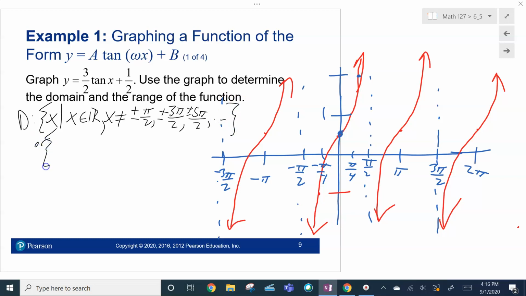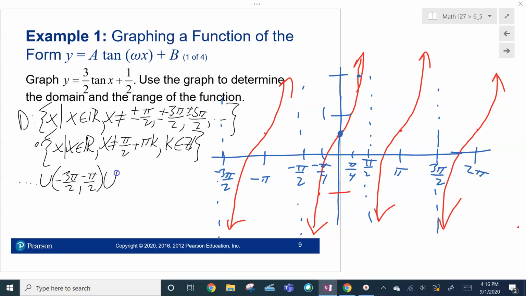Or you could say all reals except for pi halves plus pi k, where k is an integer. That's another way to say that. Or you could just do the interval notation, not touching negative 3 pi halves up until negative pi halves, so everything in between is fine. These are parentheses, so you're not including the negative pi halves and the pi halves and so on.